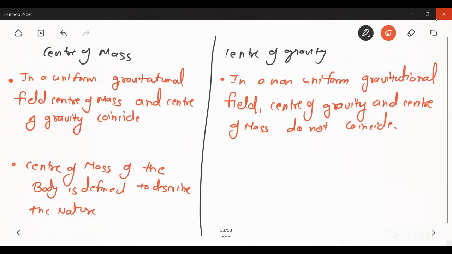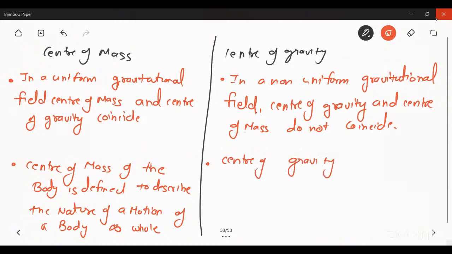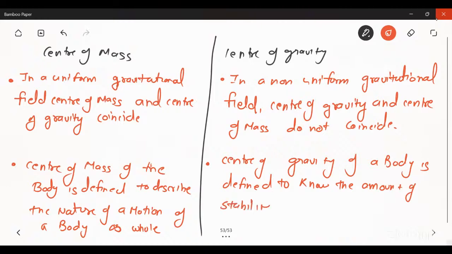The center of gravity of a body is defined to know the amount of stability of the body when supported.